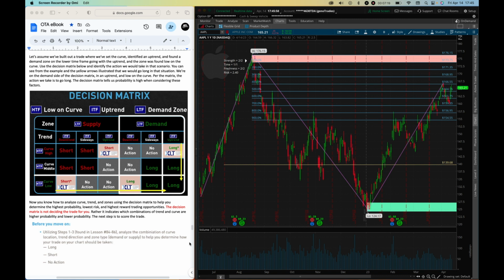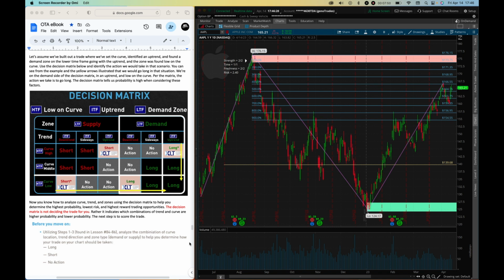You can see from the example and the yellow arrows illustrated on the screenshot that we would go long in that situation. We are on the demand side of the decision matrix in an uptrend and low on the curve. Per the decision matrix, the action we take in that situation is to go long. The decision matrix tells us probability is high when considering these factors.